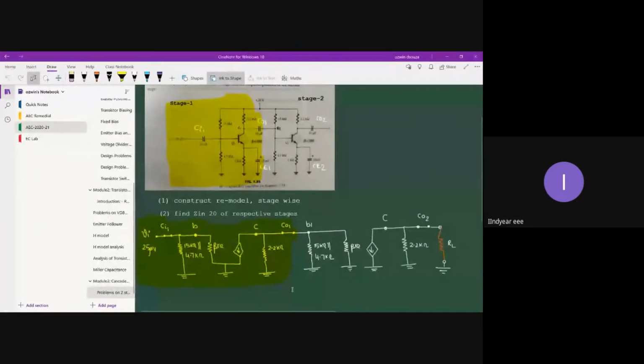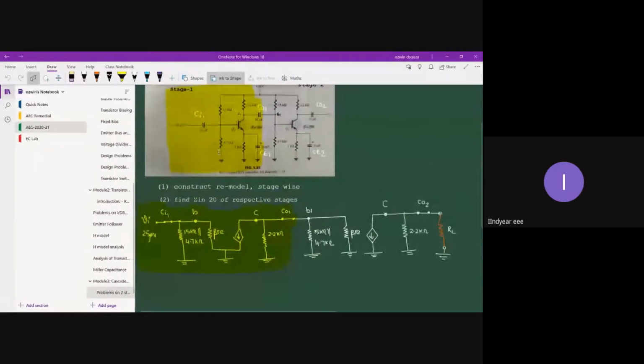So we have two stages, right? I have already colored stage one. I have drawn the RE model of the first stage, which I have highlighted with yellow color, and the uncolored region is meant for the RE model of the second stage. Pretty simple.